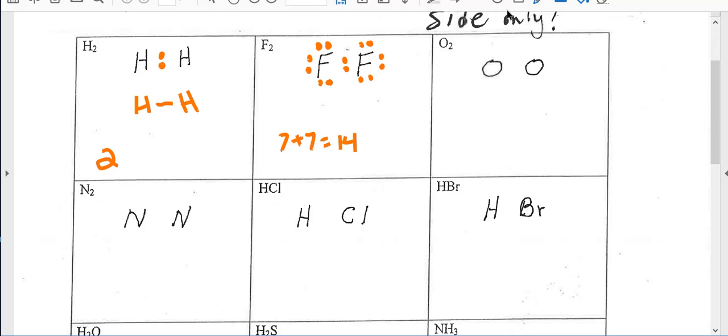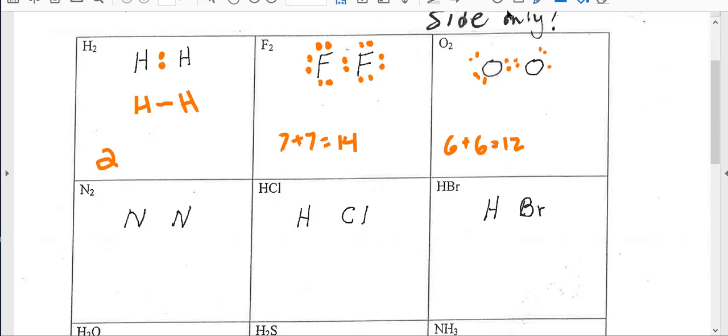Okay, so for oxygen, oxygen has 6. Since there are 2 of them, we should have 12 valence electrons in this case. Each of these oxygens is going to need to go up by 2 to get to 8, so we're going to see what's called the double bond here.